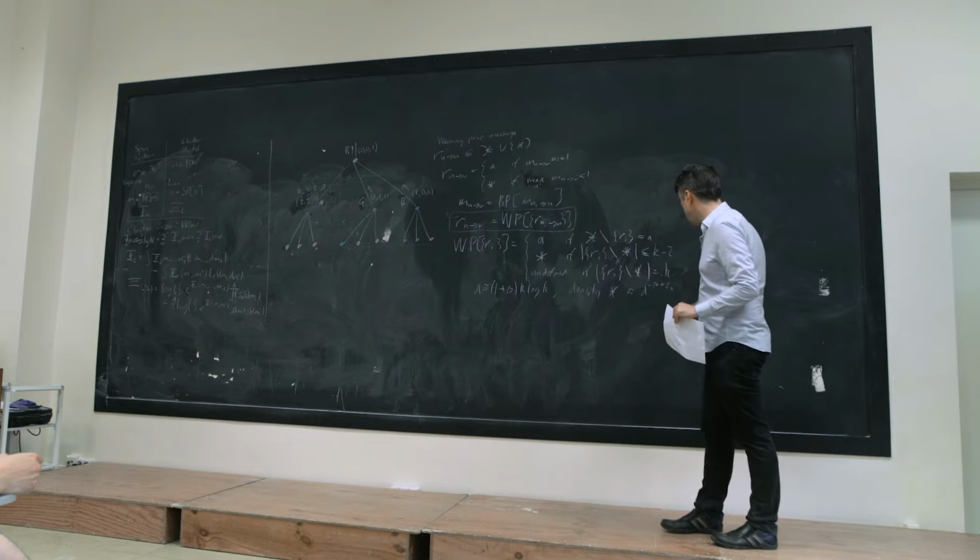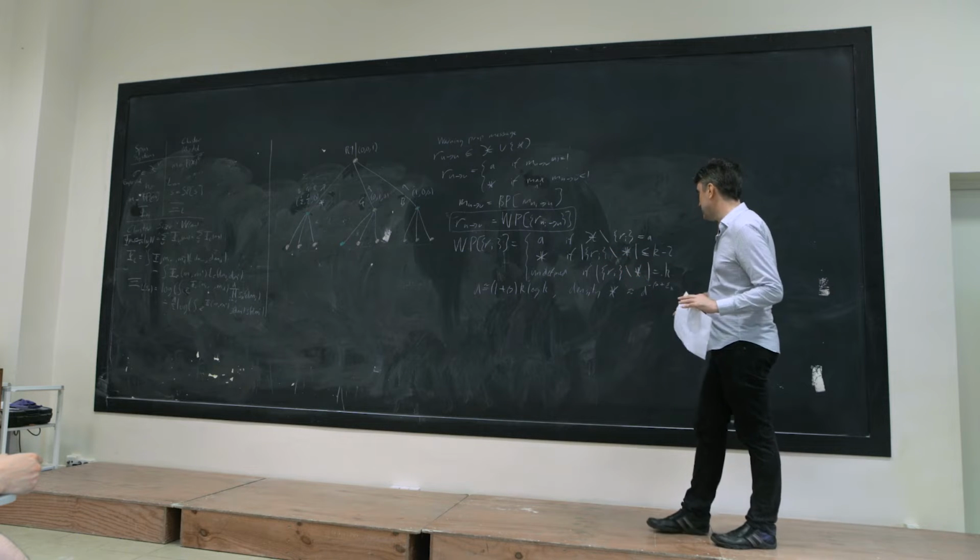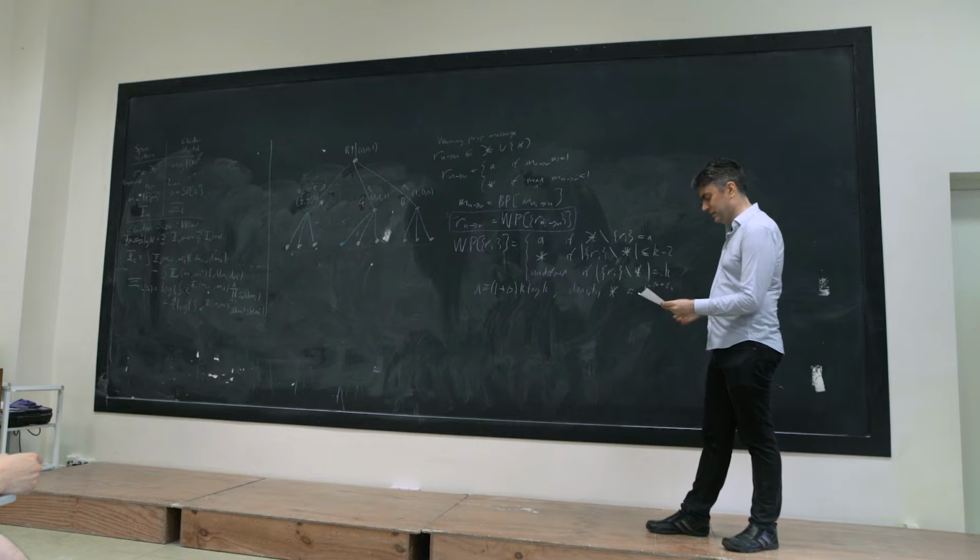So it gets fairly small. We want to look for warning propagation configurations that have a small density of stars.